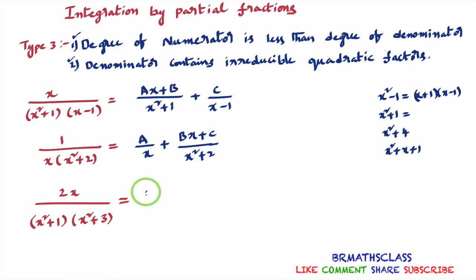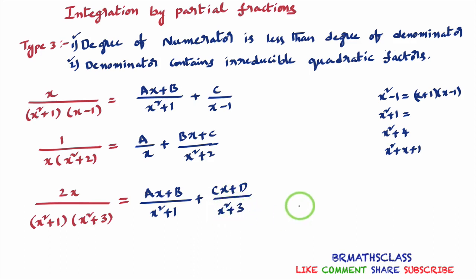In such a case, how do we write this? For every irreducible quadratic factor, we will write an expression of this form: ax plus b divided by x square plus 1. As a and b are already used, for x square plus 3, we use cx plus d divided by x square plus 3.